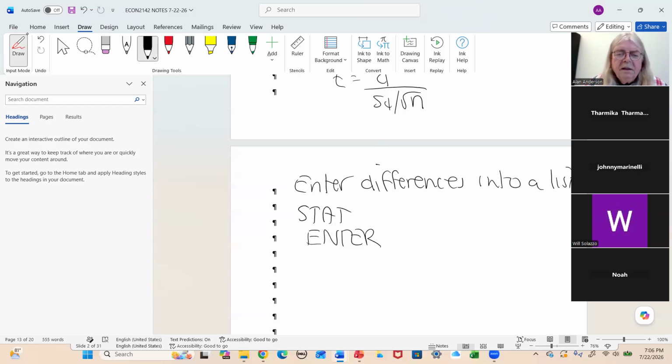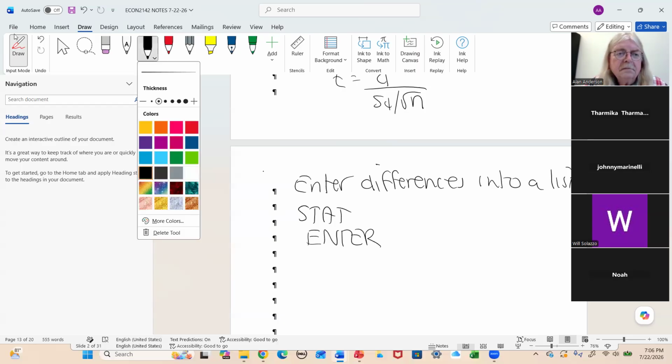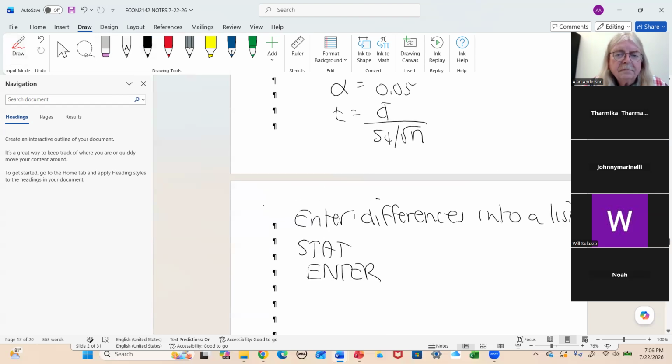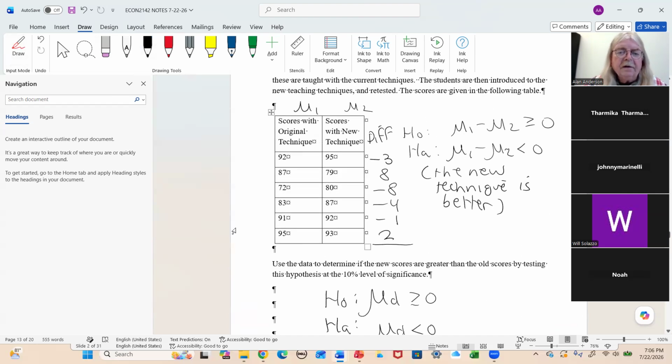So the numbers we want are right here: -3, 8, -8, -4, -1, and 2.